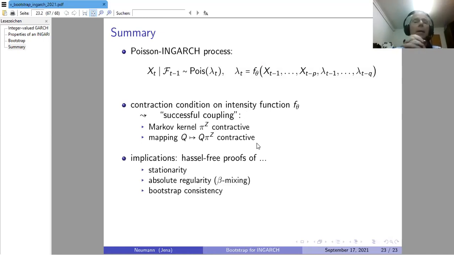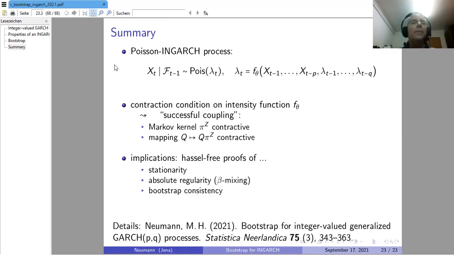And an implication is that these coupling results allow us to get really simple proofs of stationarity, of absolute regularity, and also of the consistency of the Bootstrap, really for different types of statistics.